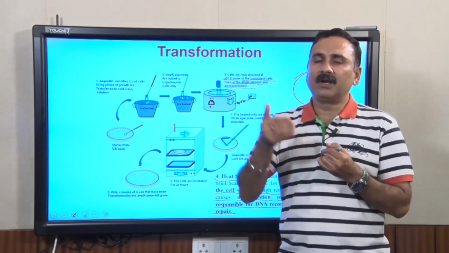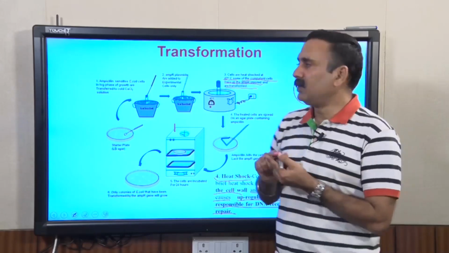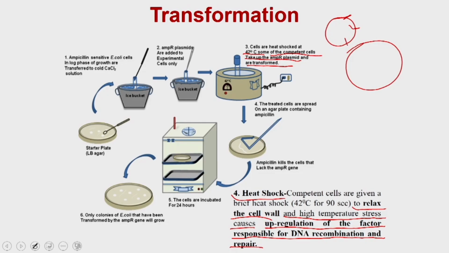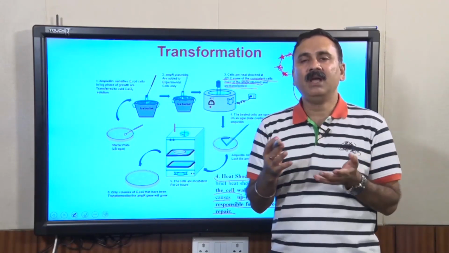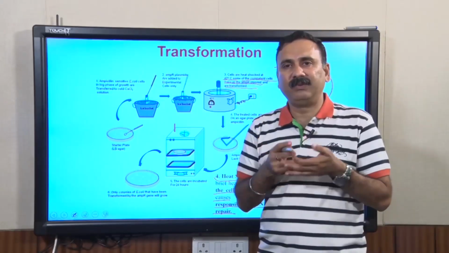These factors are required for DNA recombination as well as for repair, because once you have created a compromised cell wall, you also have to seal it and repair it, so that the bacteria closes these pores in the cell wall and the plasma membrane. Otherwise, the cytosol will leak out from those places.